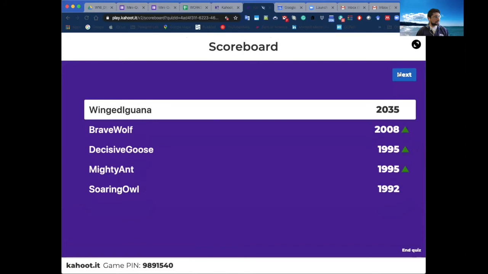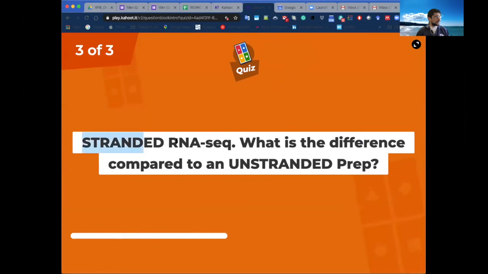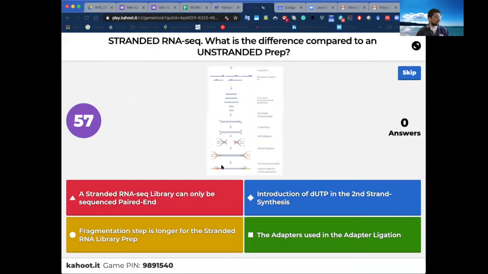Last question. All right, winged iguana is still leading. Stranded RNA-seq, what is the difference compared to an unstranded library preparation? A stranded RNA-seq library can only be sequenced per end. Introduction of dUTPs in the second strand synthesis.